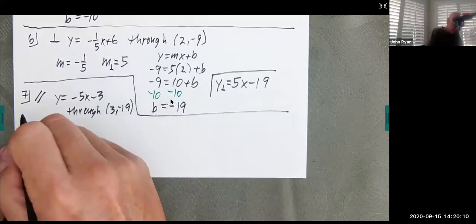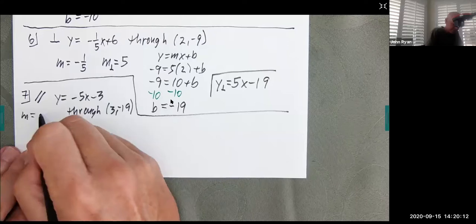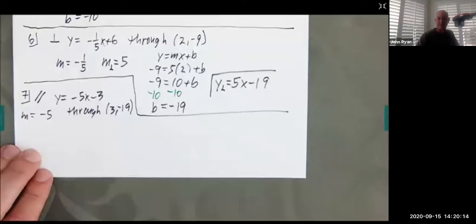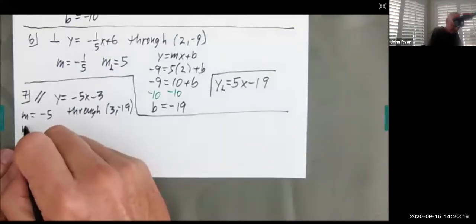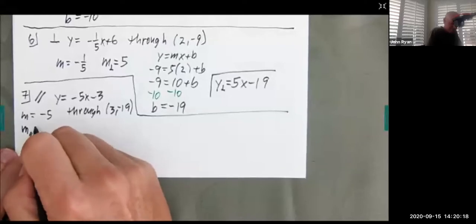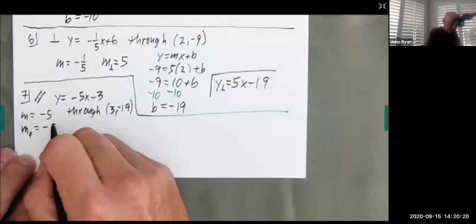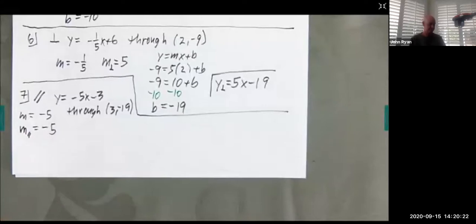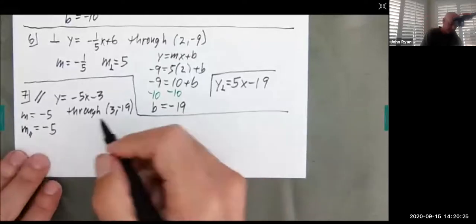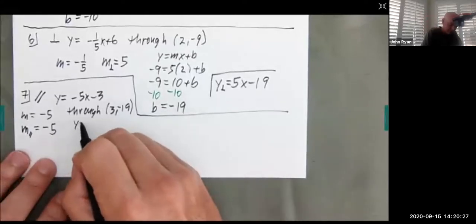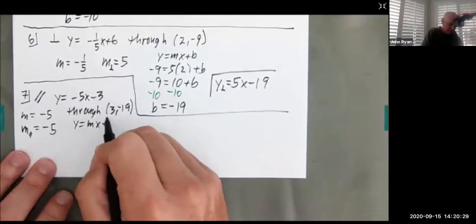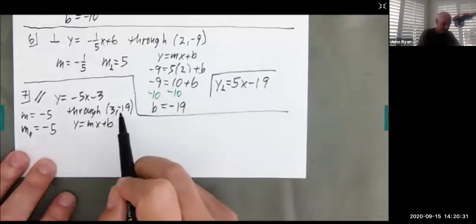Well, we know the slope of this line is negative 5, and the parallel slope is the same, negative 5. So once again, I'm going to plug in x, y, and m.